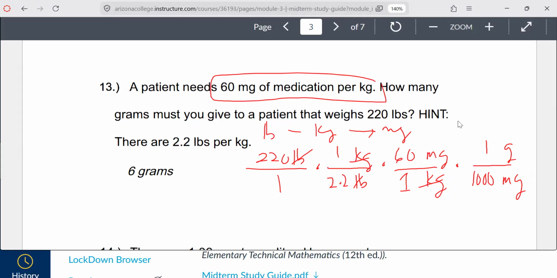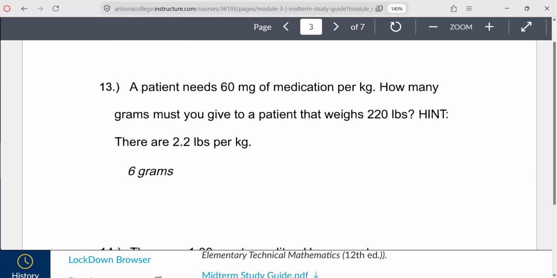That should give you 13,200, divided by, and then at the bottom, you're going to have 2.2 times 1,000, which will give you 2,200. And when you divide this, remember the mg's cancel out, so this should give you 6 grams, and that's it.